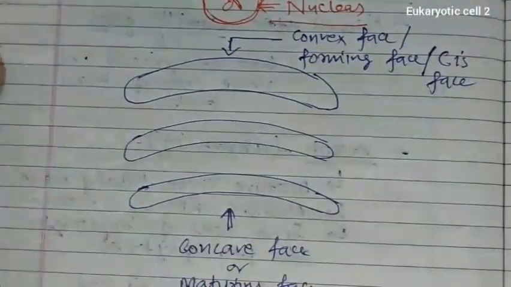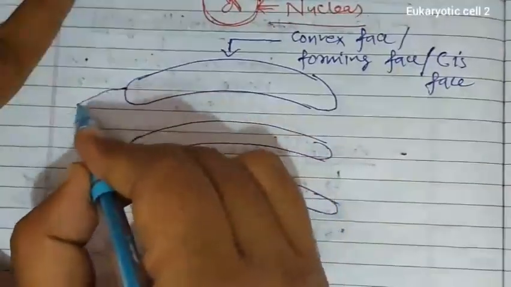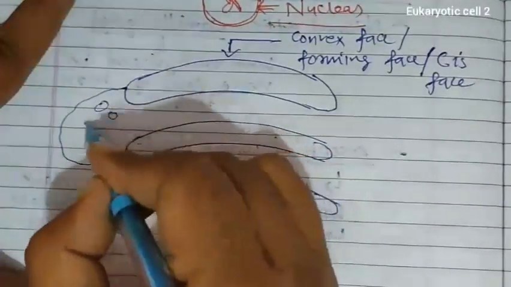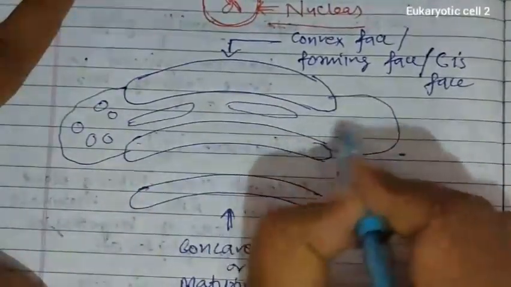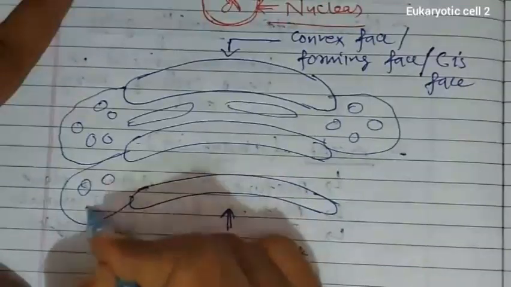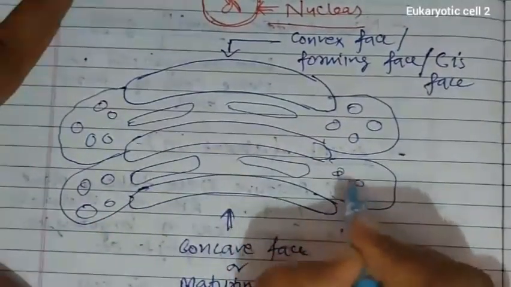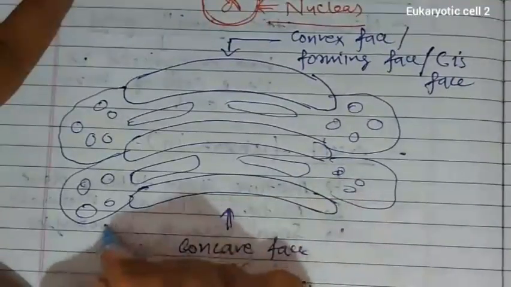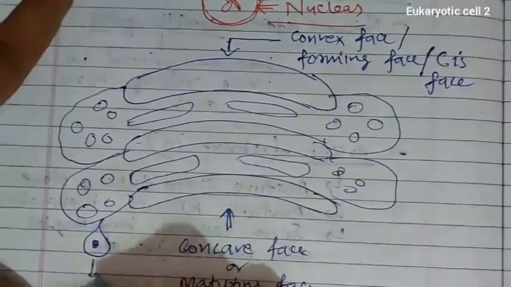Now in this, these are the cisternae, and near to cisternae you will find some tubules like this, as we have seen in case of endoplasmic reticulum. You will find these tubules and some of the vesicles coming out of this.